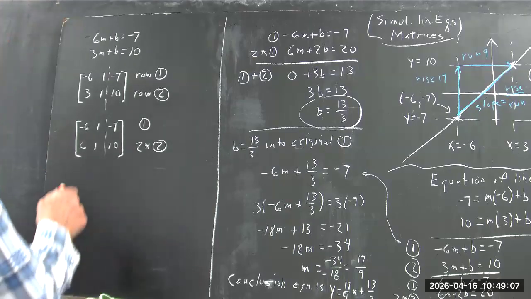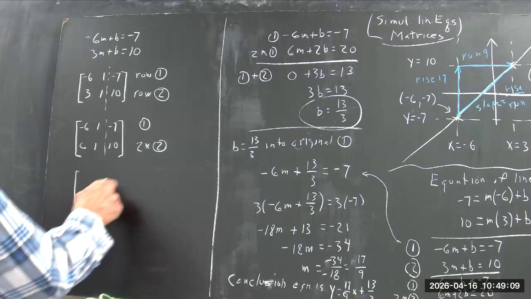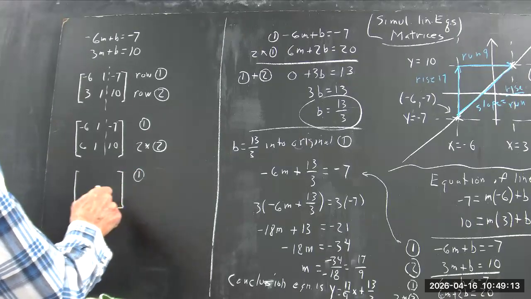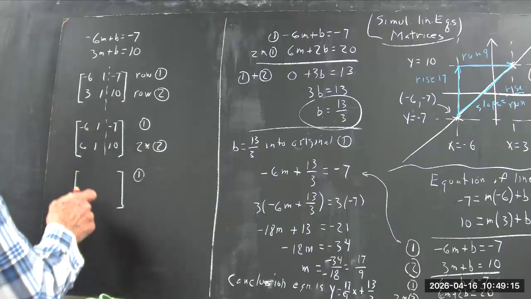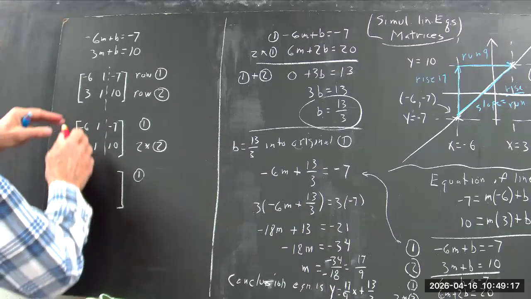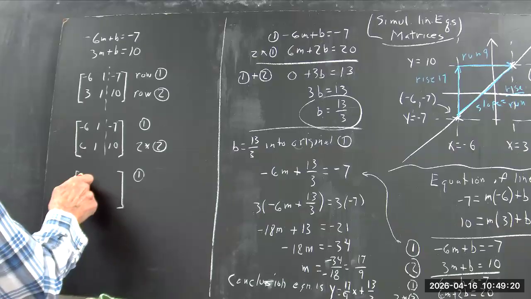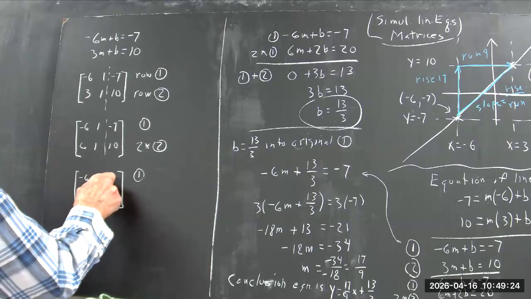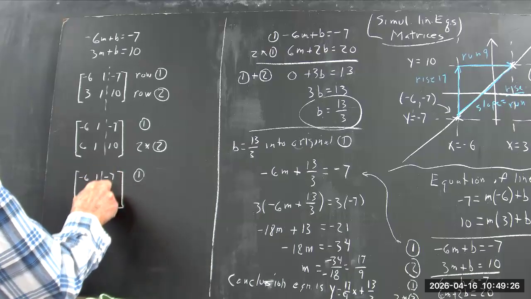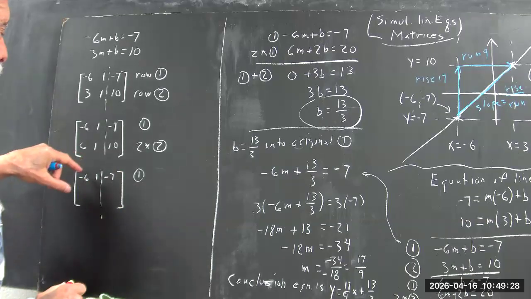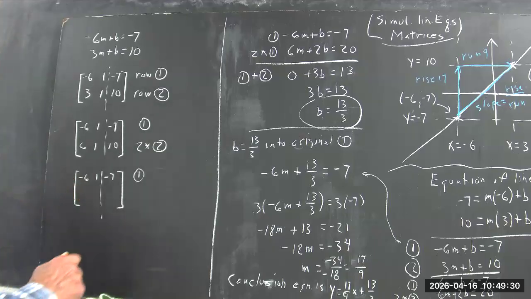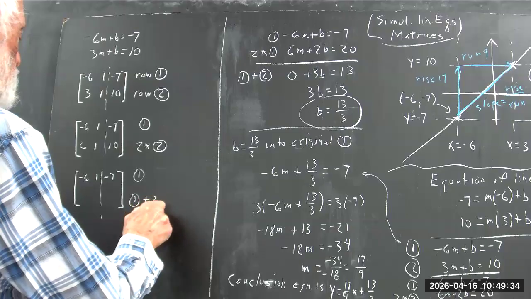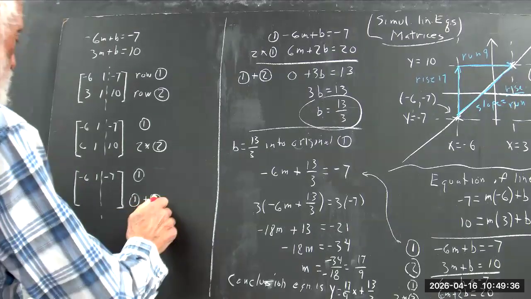Now, I'm going to write row 1 again, same as in the previous matrix. I've written a new set of brackets, and I'm going to write my row 1 from the previous set, which is negative 6, 1, negative 7. But in the second row, I'm going to do row 1 plus row 2.